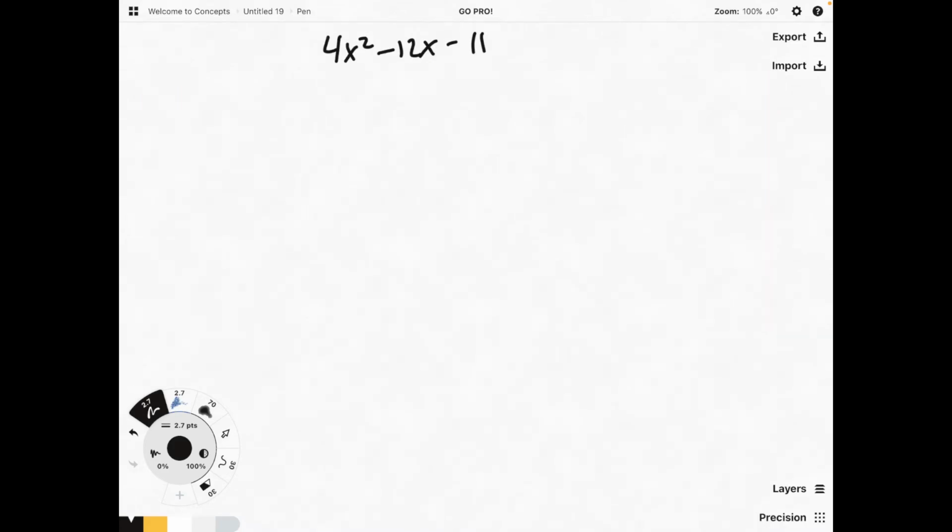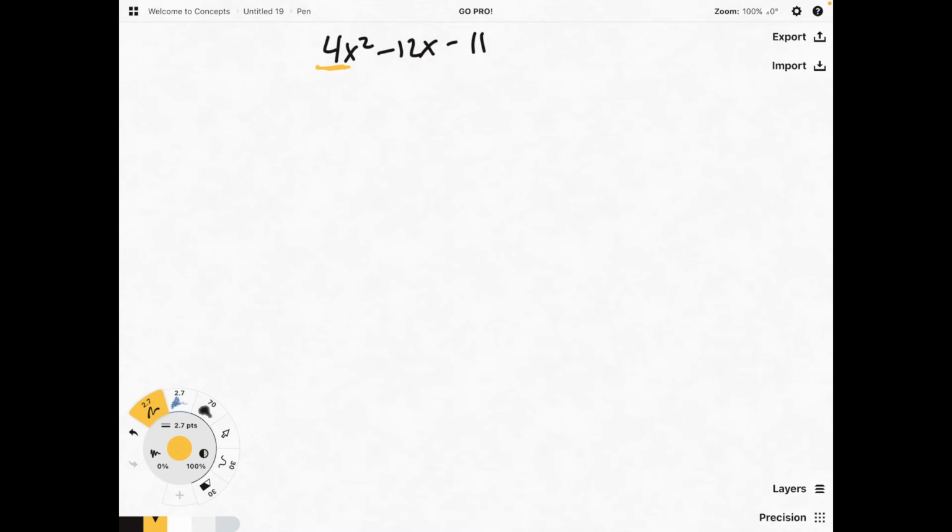Okay, looking at our last example. Now this looks slightly different because the coefficient in front of the x² is not 1. In the previous example, we had a coefficient equal to 1. However, when completing the square, if you ever see a coefficient in front of the x² that is not 1, we need to manipulate the problem so that we only have a coefficient value that is 1.